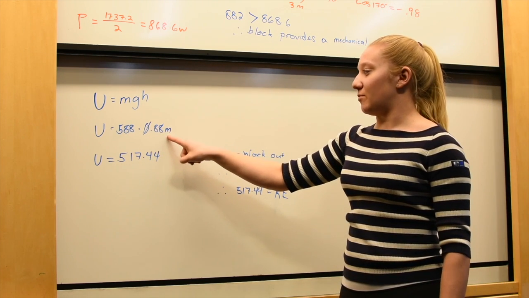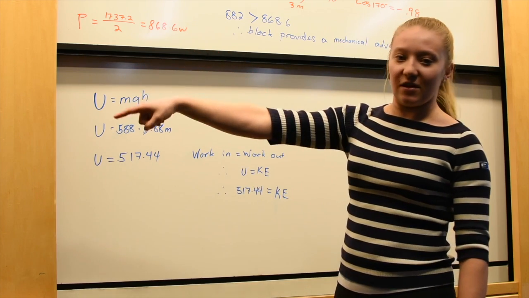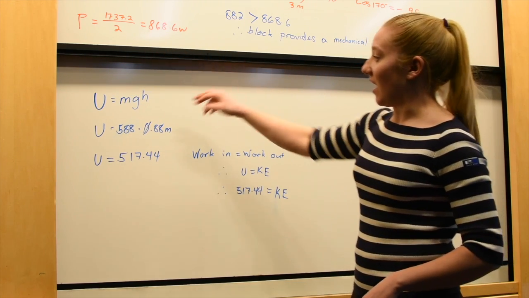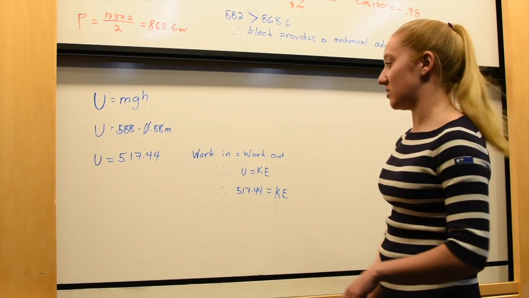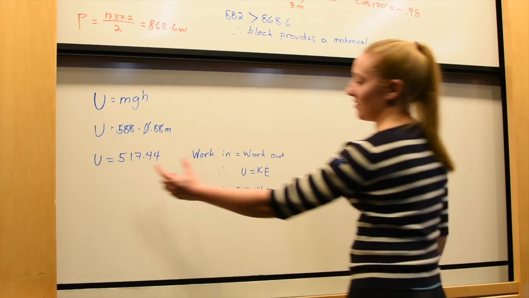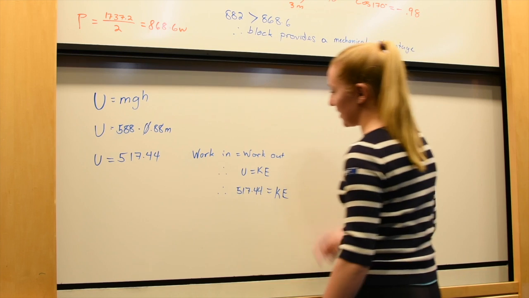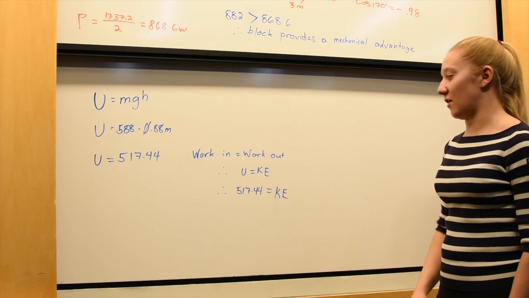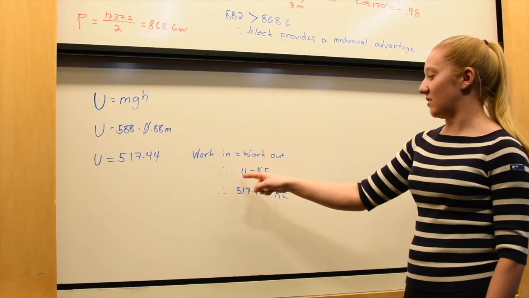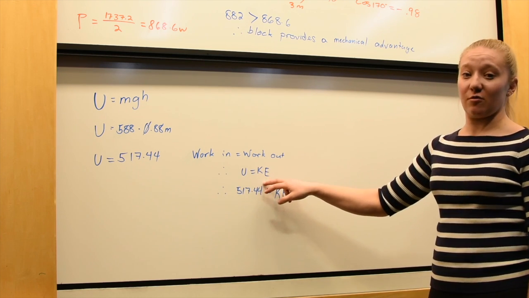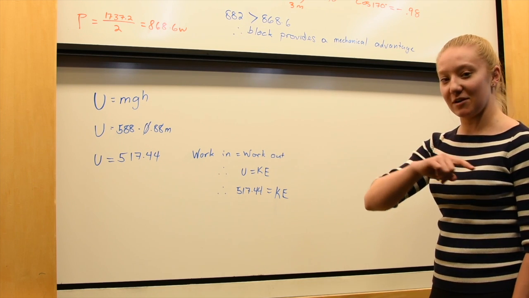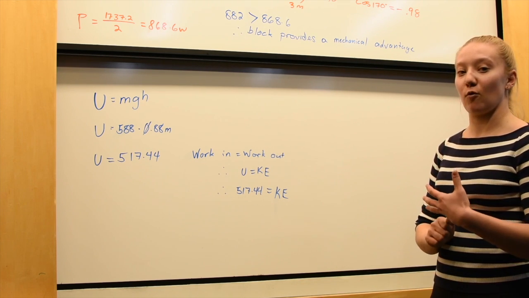And then we multiplied it by, as shown on the diagram previously of the block, the height of the block, which is 0.88 meters. So we multiplied that out and found that potential energy was this. Then, using the logic that work in equals work out, you can say that potential energy will eventually equal kinetic energy. So therefore, kinetic energy is the same as potential energy, 517.44.